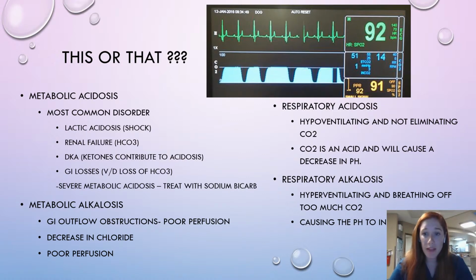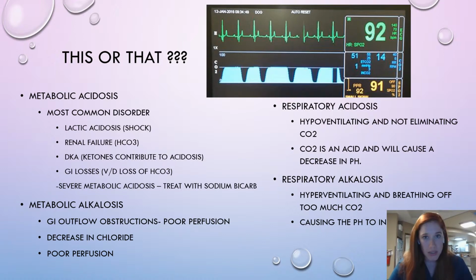So hyperventilating and not eliminating that CO2 can create an acidic environment. So CO2 is an acid overall, and it will cause a decrease in that pH. So think back to a decrease in pH equals a blank environment, which equals an increase or decrease in those hydrogen ions. Ask yourself to look back.